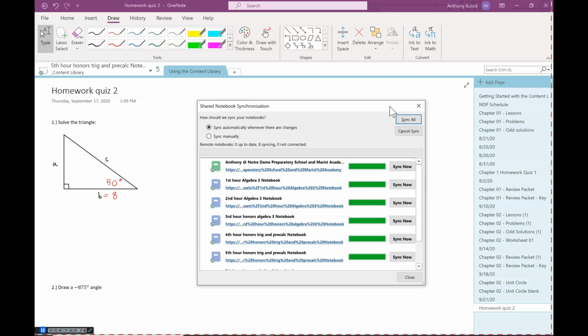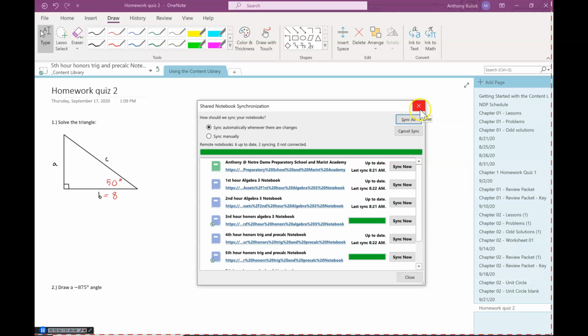You should do the homework quiz on your own. Publish your OneNote file as a PDF. And then there's an assignment in the Dropbox called Homework Quiz 2 or something to that effect, where you'll upload your PDF file into that. And then you're free to work on your reviews or your worksheet for the remainder of our time together in class. Okay?